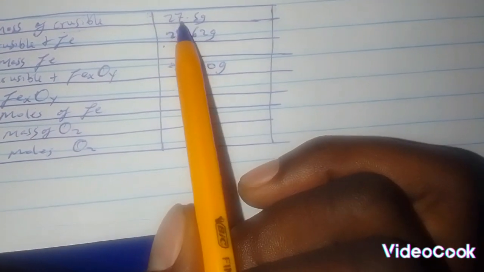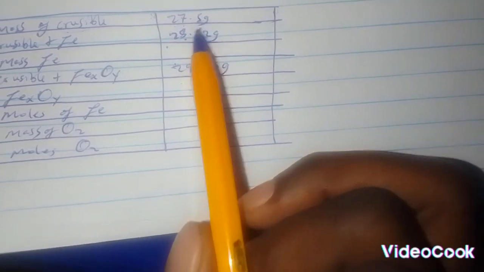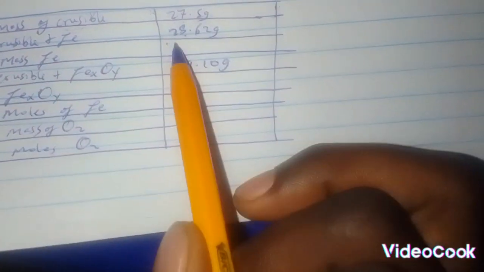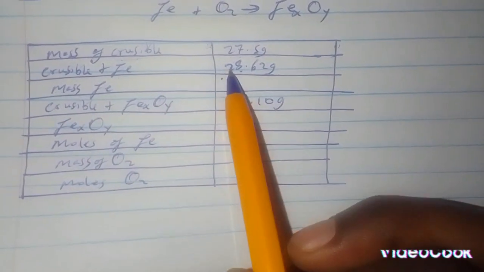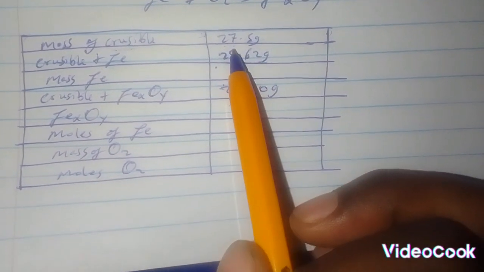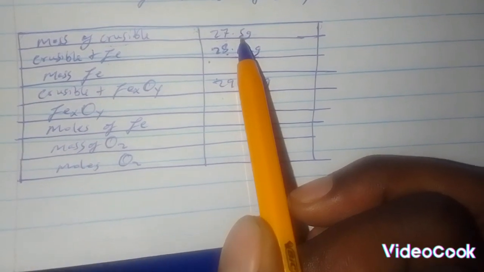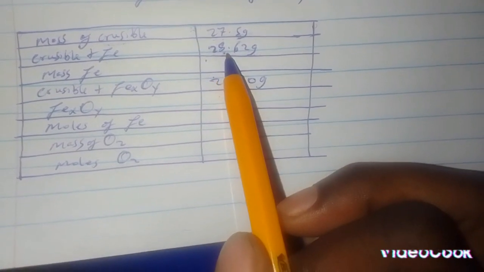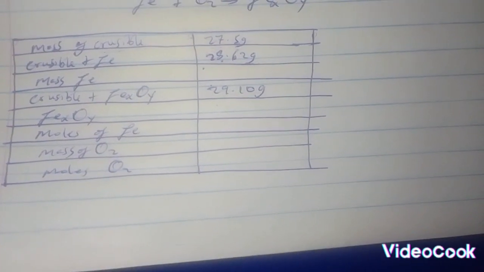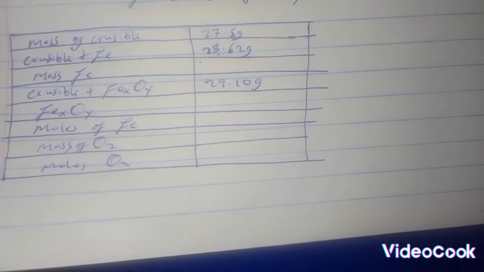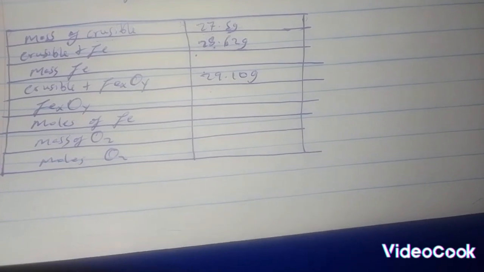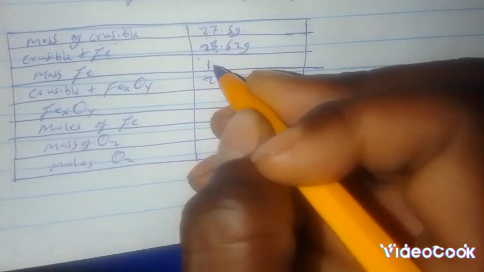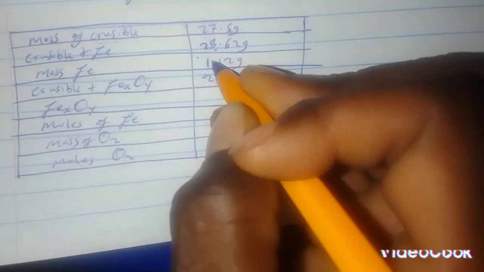We know the mass of the crucible is 27.5 grams, so to find the mass of iron here, we just have to say 28.62 minus 27.5, which gives us 1.12 grams. We are done with this one.